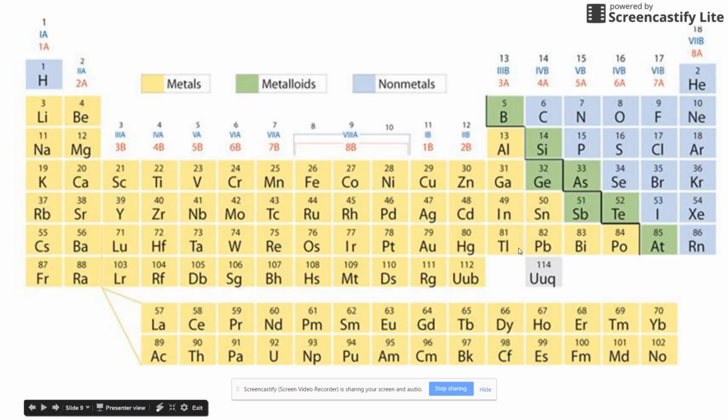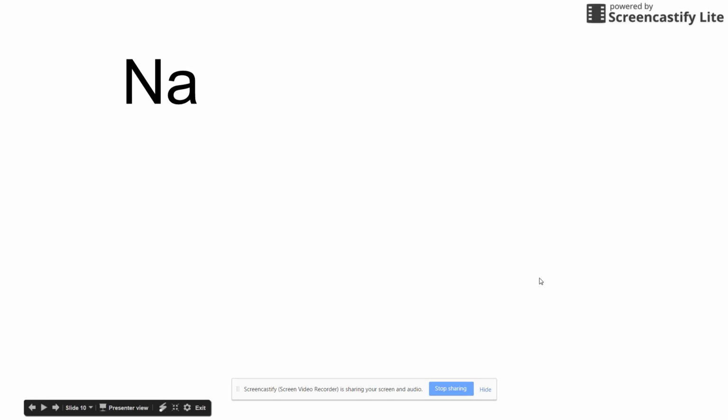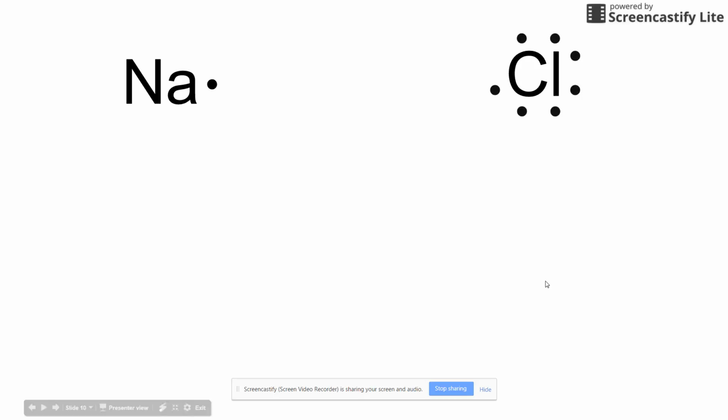The first step, you write down the element symbol and represent each valence electron as a dot. Sodium is in group 1, so it's going to have 1 dot. Chlorine is in group 17, so it's going to have 7 dots. Chlorine has higher electronegativity compared to sodium, so it's going to be able to pull off this electron.